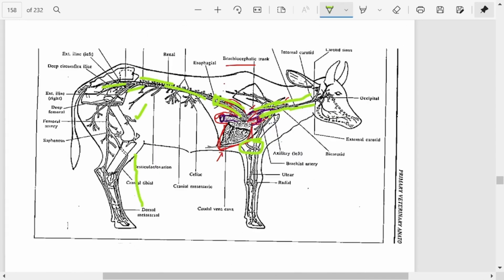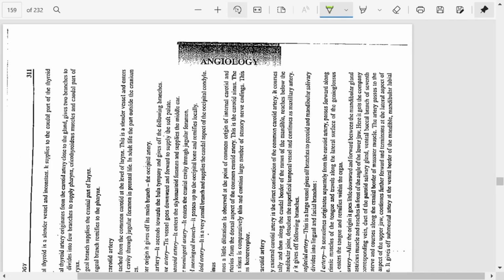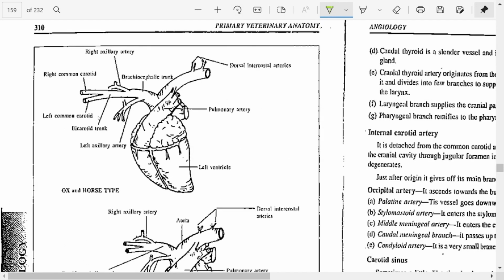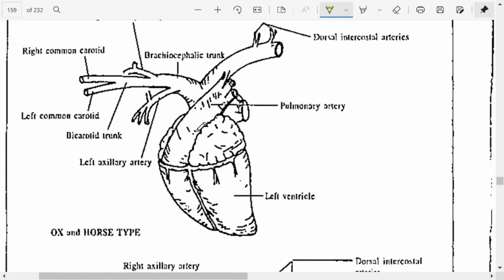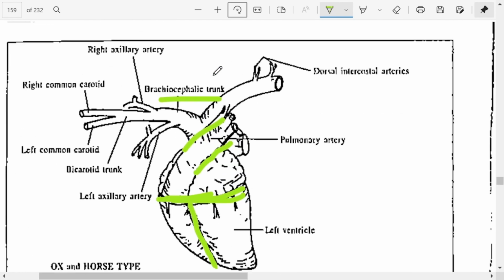Now let's see some more photos. This is the pulmonary artery, which I showed you already, and this is the anterior interventricular groove, and this is the transverse groove, and this is the brachiocephalic trunk.